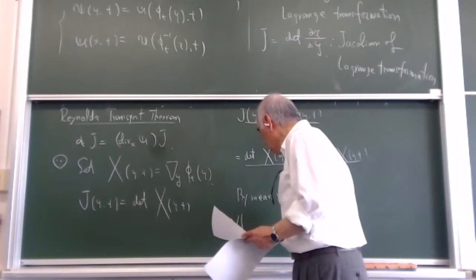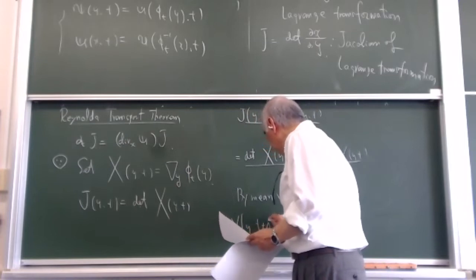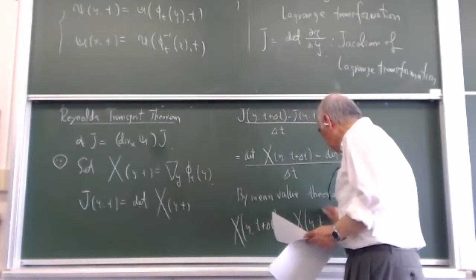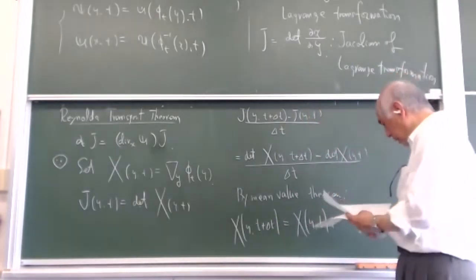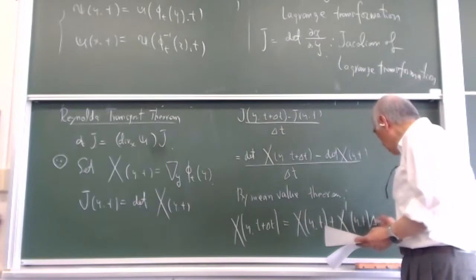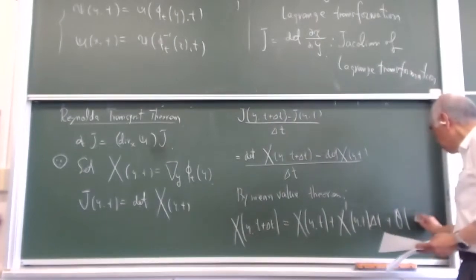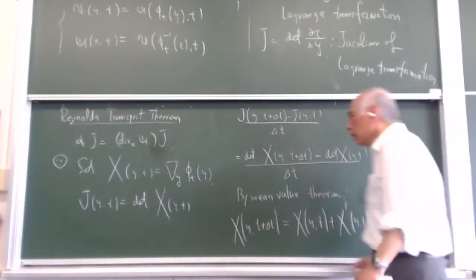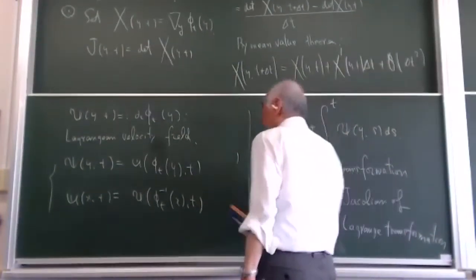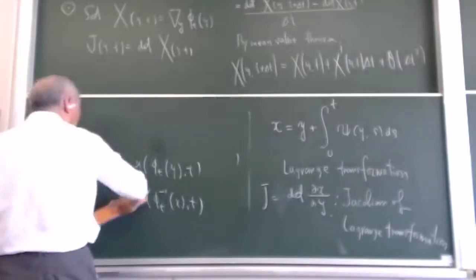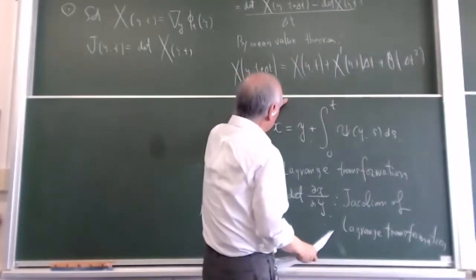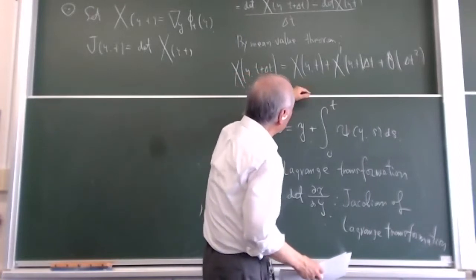X(y, t plus delta t) is equal to x(y, t) plus x prime times delta t plus order delta t squared.